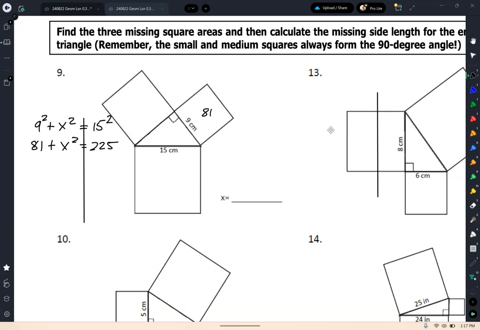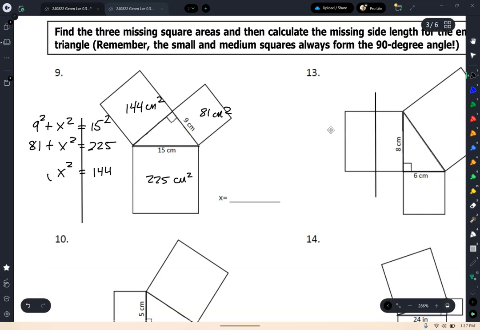So this is our area of the small square. This is the area of our medium square. Then we're going to continue solving our equation. That's going to give us the area, or sorry, I said medium earlier. This is the area of the medium square here.